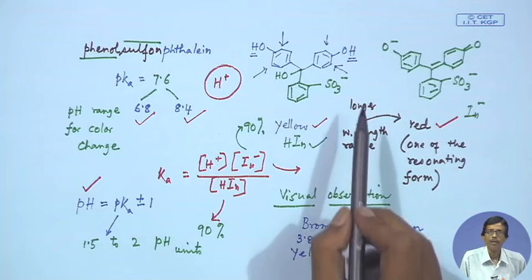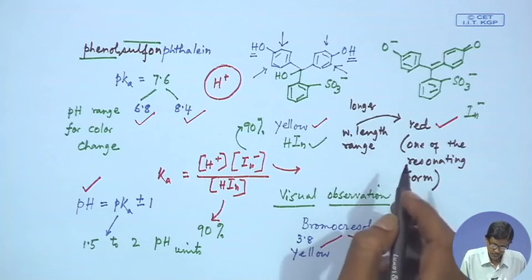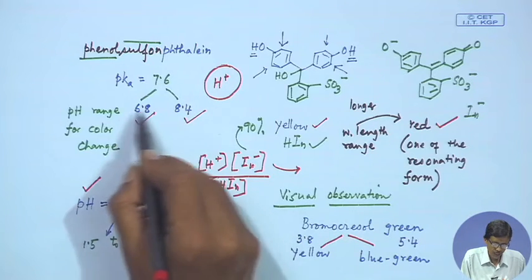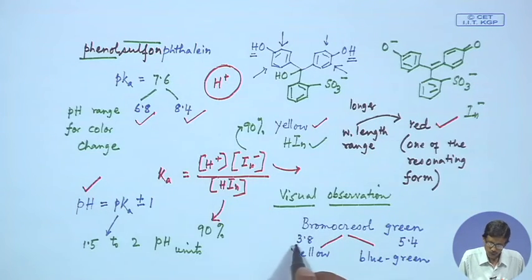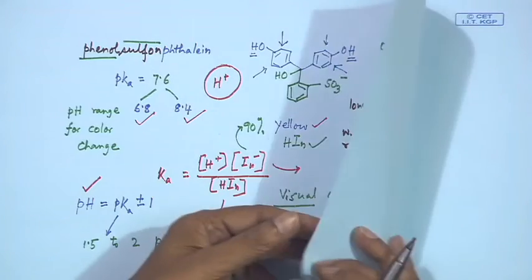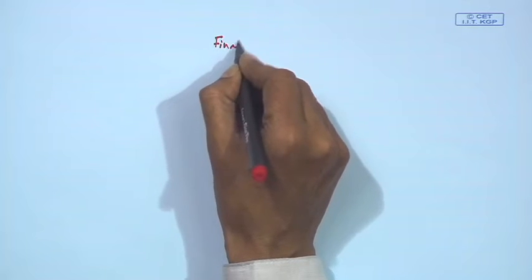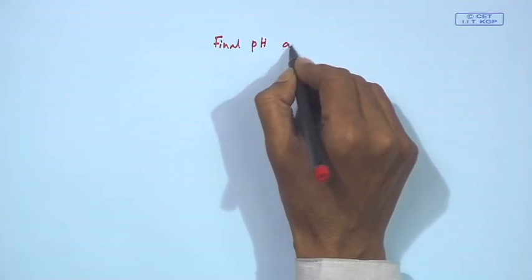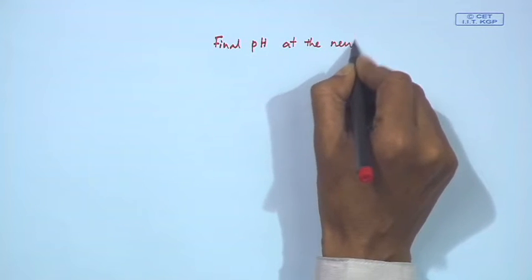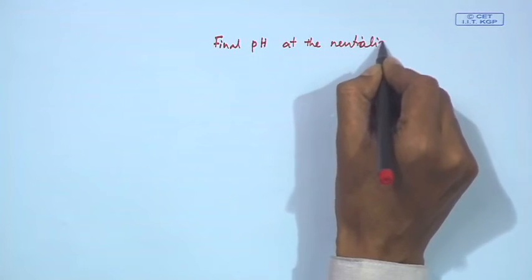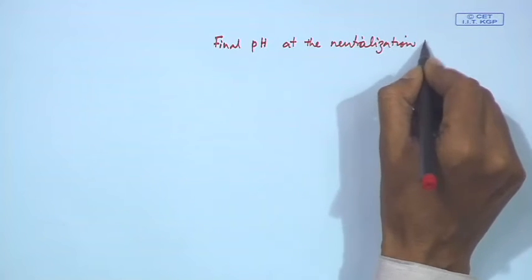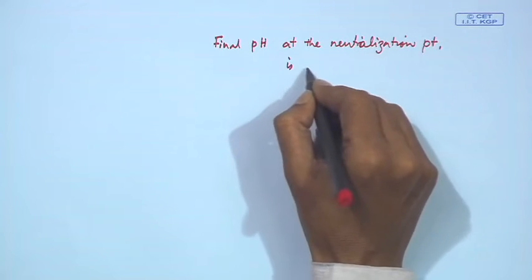So, there are several molecules like these, and people are trying to change the corresponding range from 6.8 to 8.4 to 3.8 to 5.4, because of our neutralization point where we have the end point. At this particular end point we have a difference in all these values, where the final pH at the neutralization point is different.